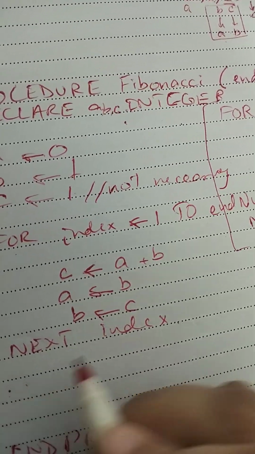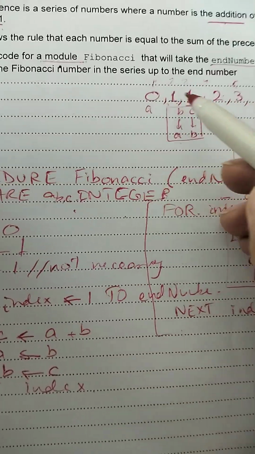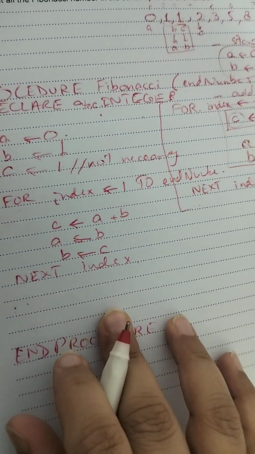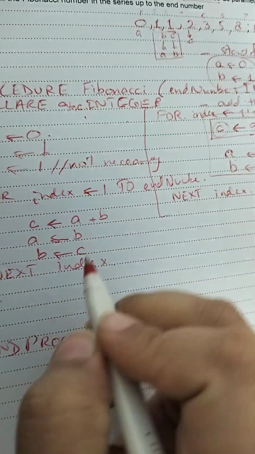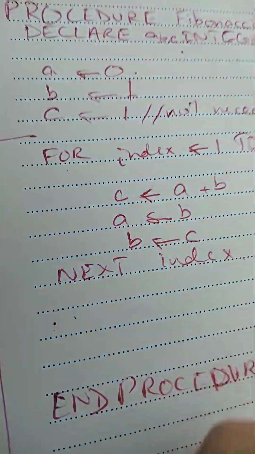And then next index. Okay, now in the output we need the series like this. The first two numbers are always 0 and 1, so we can output them before the loop.